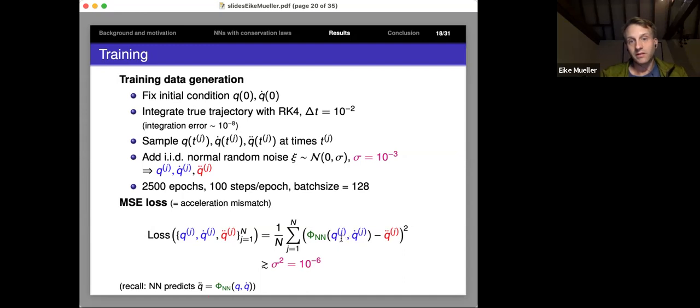So these are the noisy inputs, and I just want to minimize this loss. So I want to get this mismatch as small as I can, but obviously there's a lower bound. Because I added this noise, this is bounded from below by 10 to the minus 6.